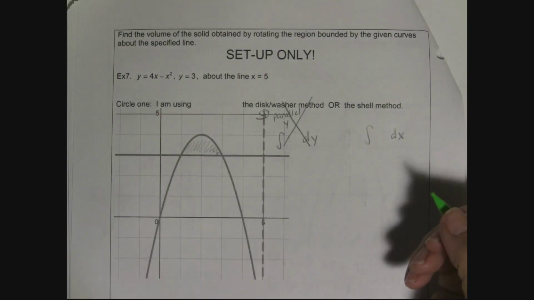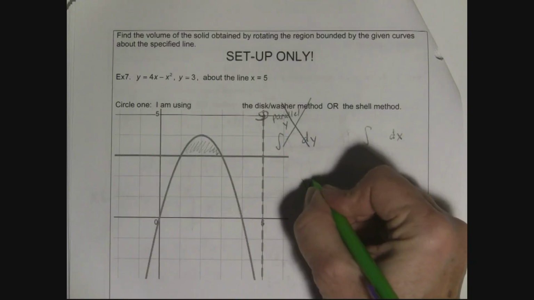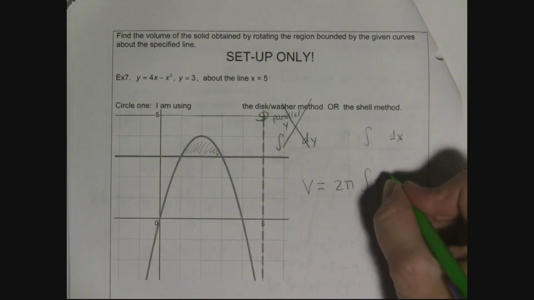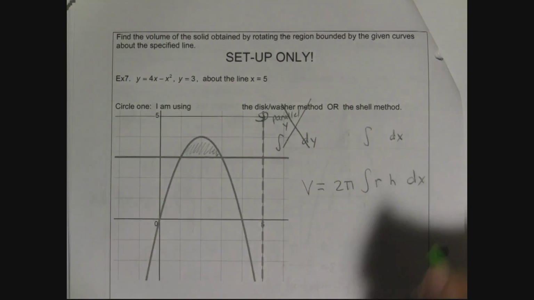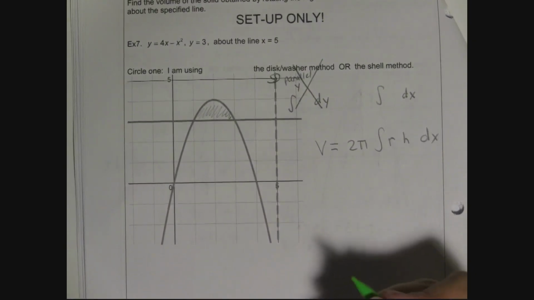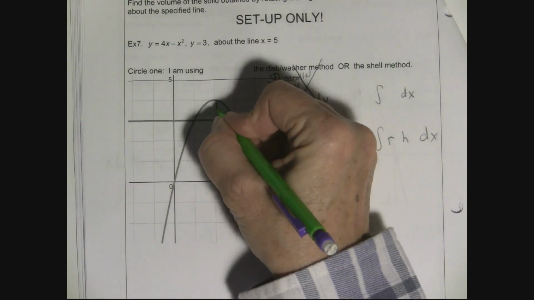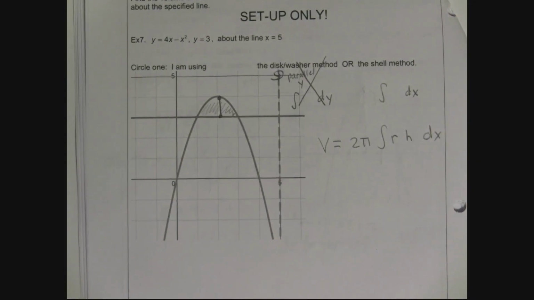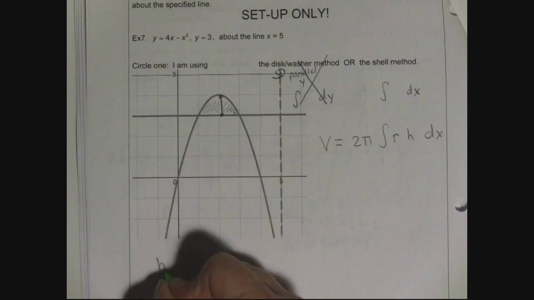So my volume equals 2 pi r h dx. And so I need to go find r and h, and right here is h, and h is always easy. It's parallel to the axis of rotation, and it's top curve minus bottom curve.